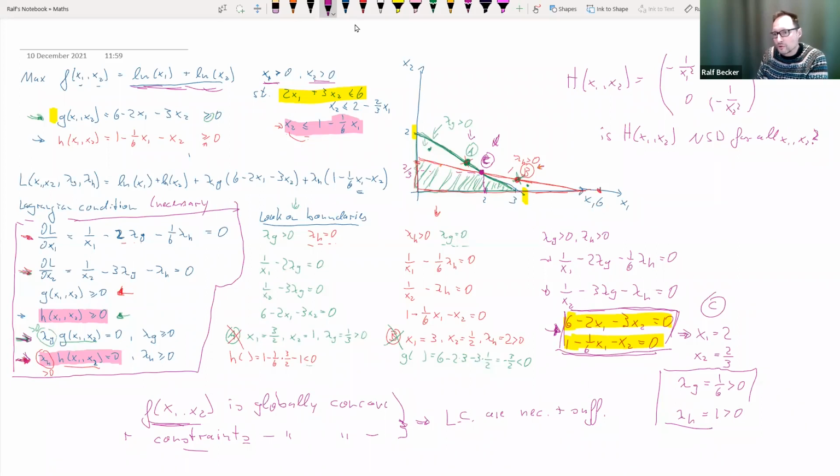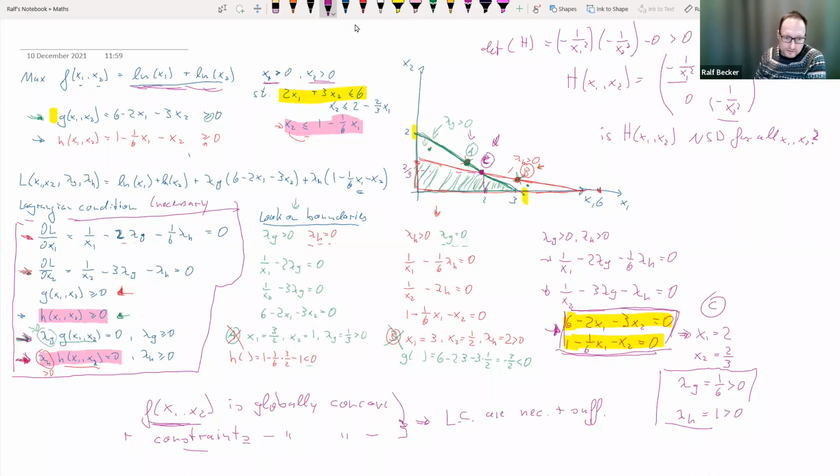That diagonal is always going to be negative. The determinant can never be negative, because when you calculate the determinant of H, it is negative 1 over x1 squared times negative 1 over x2 squared minus 0. That is always going to be positive.